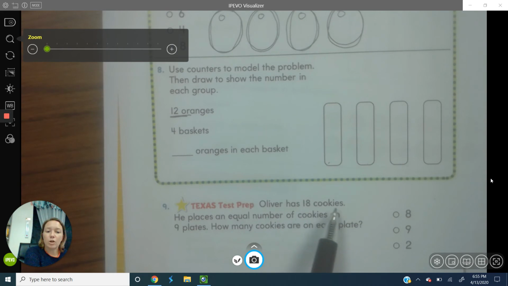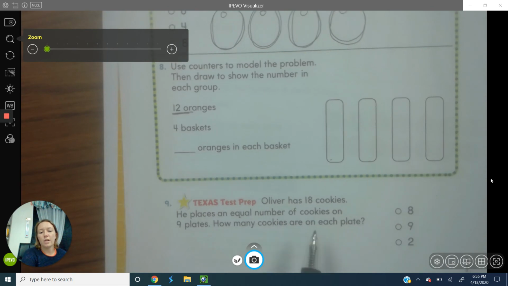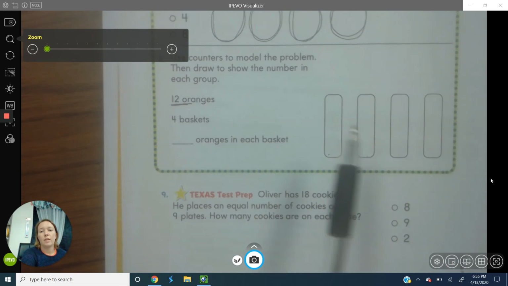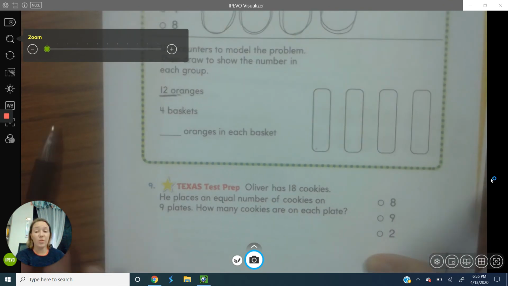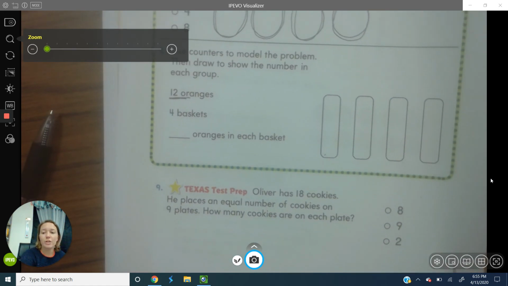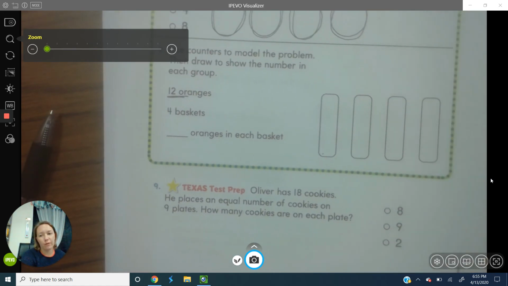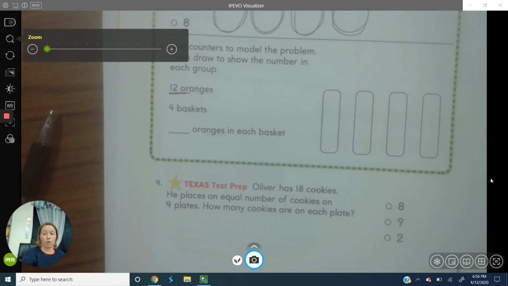Oliver has 18 cookies and 9 plates. How many cookies are on each plate? This is like problem 8. You need 9 plates and pass out your 18 cookies. I know it seems silly, and I would suggest you check yourself, because it would be silly to miss a question that you think is easy when you could check it with other tools.